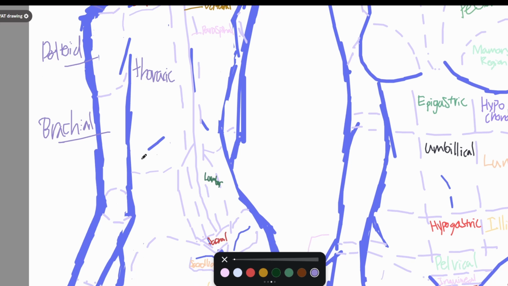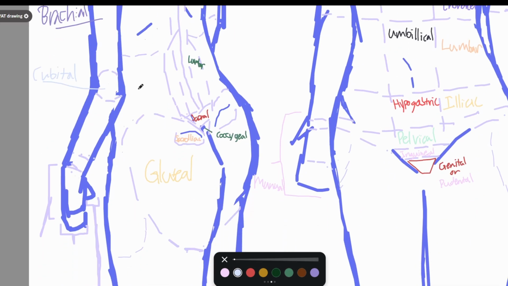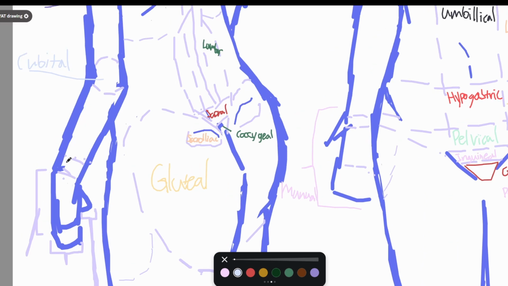Since it's on the back, the elbow, remember how the front was called the antecubital. If that is before the cubital, then the elbow behind it should just be cubital, right?